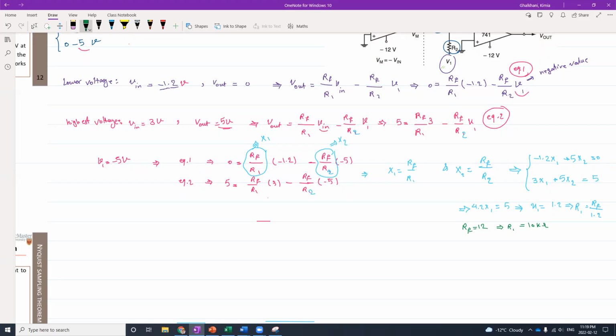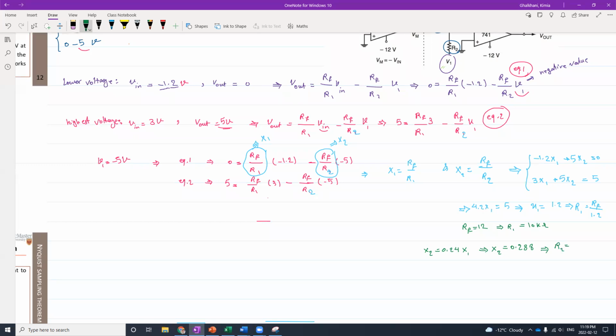So I'm gonna have X2 is equal to 24 X1 from here. X2 is 288. And I can find the R2. What is R2?